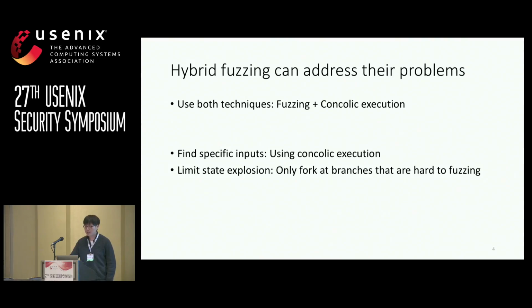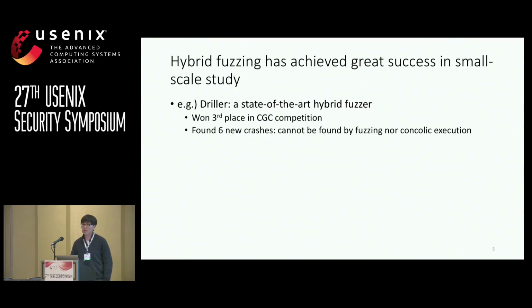Hybrid fuzzing can address this issue by combining these two techniques. It can find those kinds of specific inputs using concolic execution, and it can limit state explosion by limiting forking at only the branches which are hard for fuzzing. Hybrid fuzzing has achieved great success in small-scale study.